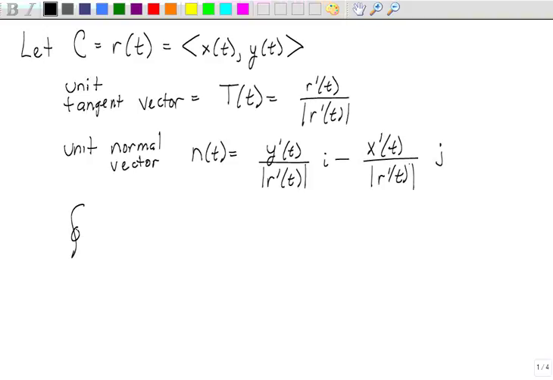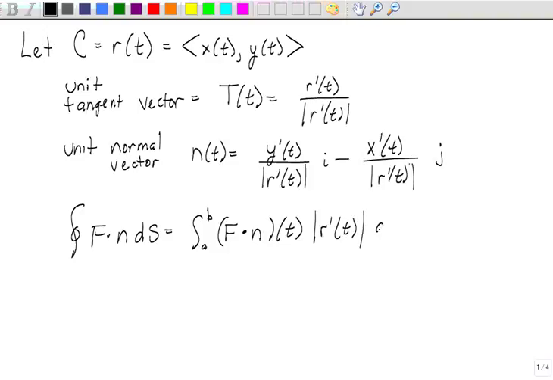Then we have the line integral. We can write it as the integral from a to b of F dotted with n times the magnitude of r prime of t dt. This is just ds.